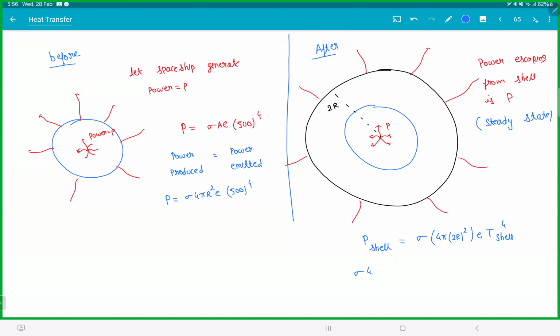So sigma 4 pi R square E 500 power 4 is sigma 4 pi 4 R square E T shell power 4. Everything will cancel. You end up with T shell equal to 500 by root 2. Check it out. This is the temperature of the outer shell.